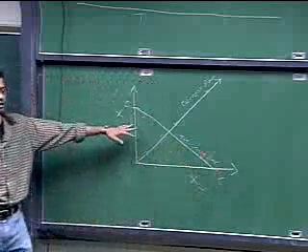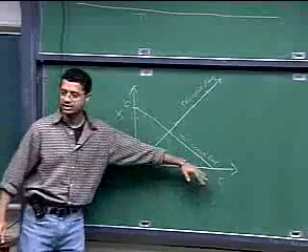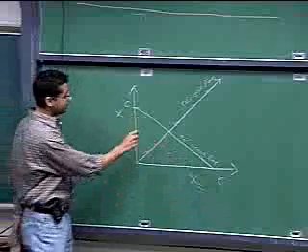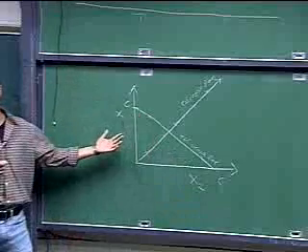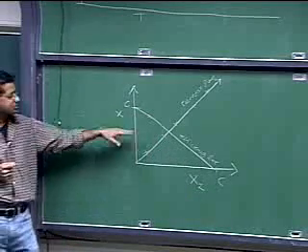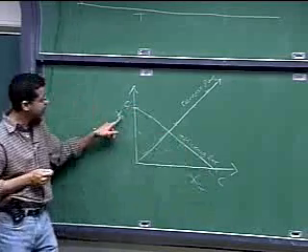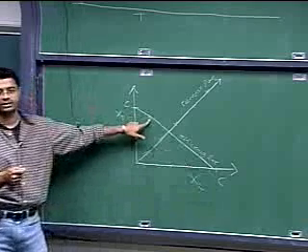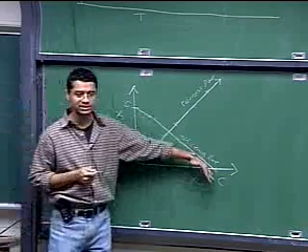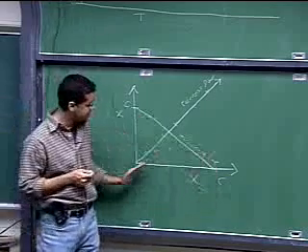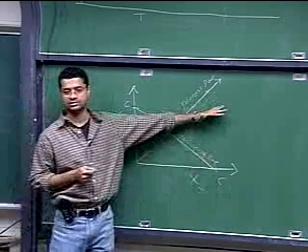If you're operating anywhere on this line, that would mean that the capacity of the link is being fully utilized, because on this line x1 plus x2 is equal to c. So this is efficient utilization of resources. This is fair utilization of resources.